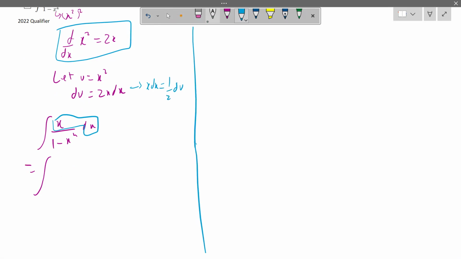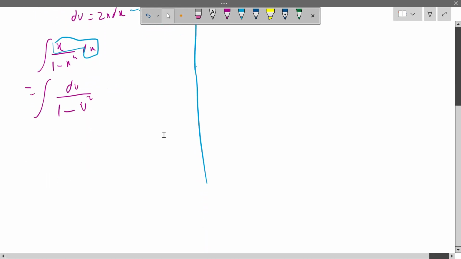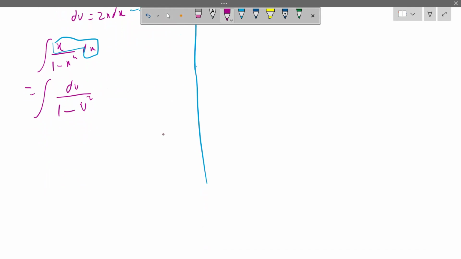So this integral becomes du over 1 minus, and x to the power of 4 here is x squared squared, and x squared is equal to u, so this is u squared. Oh, I forgot, there's actually a 1/2 here.